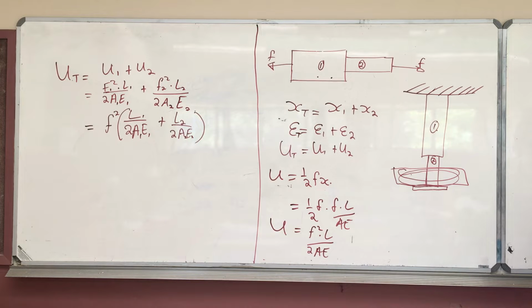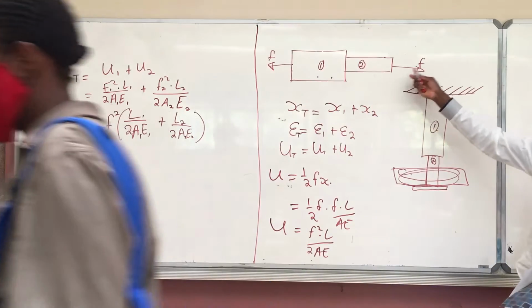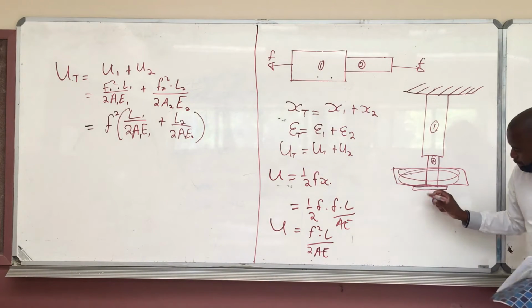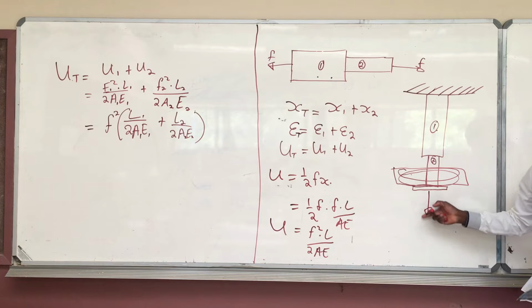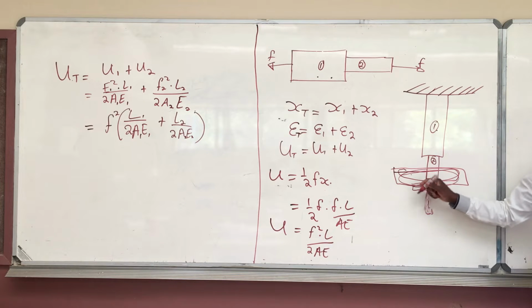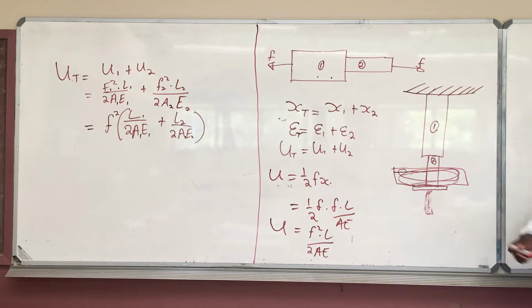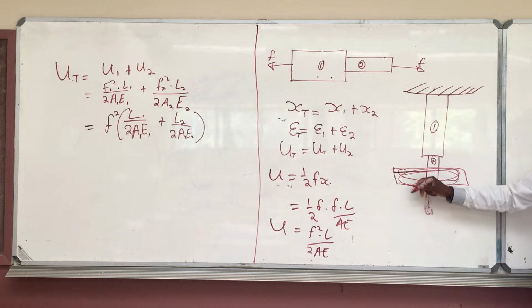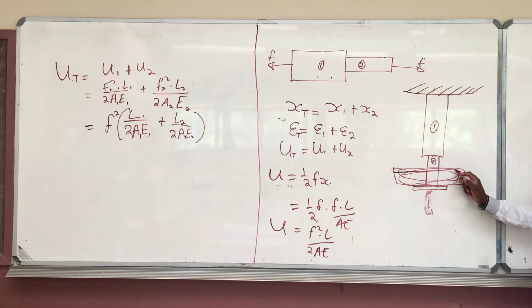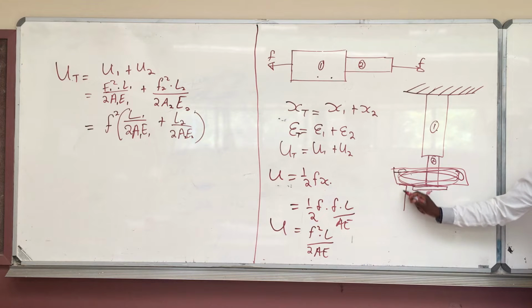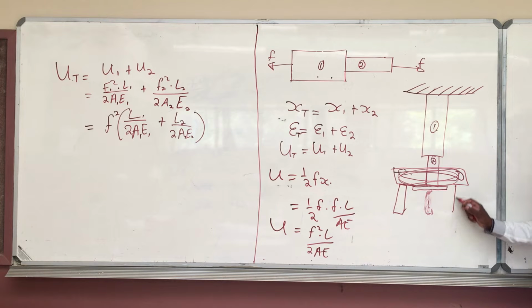This weight is the one exerting the same force. This force is either you come and put it down here, or you just put another weight here. This weight will push this one downwards. Before you start pulling this one downward with the weight, you can have a block there, also a block here.